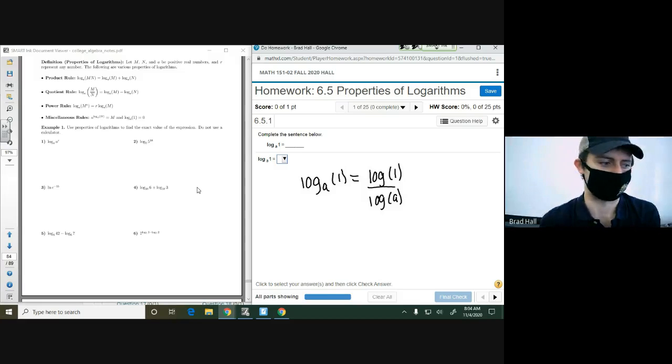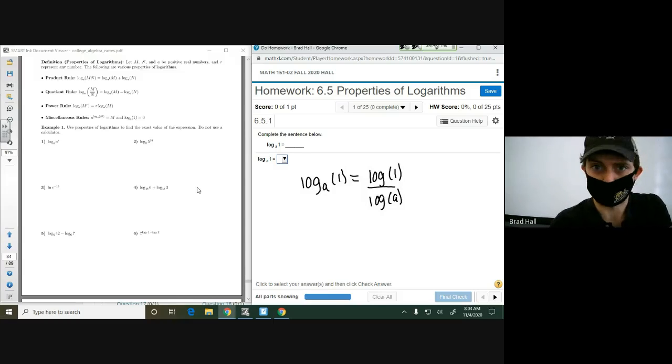So I talked about this in the video. There's this calculator-friendly equivalent statement you can write, and that's this one right here. Now, obviously, you can't write this in the calculator in its entirety because there's an A, there's a symbol. But log of 1, you can put that in the calculator.